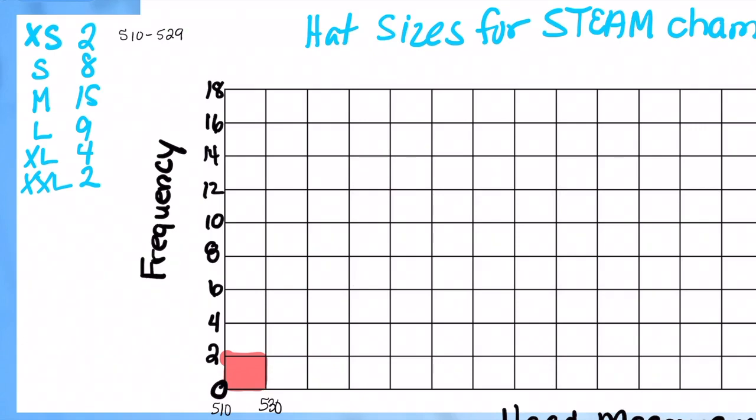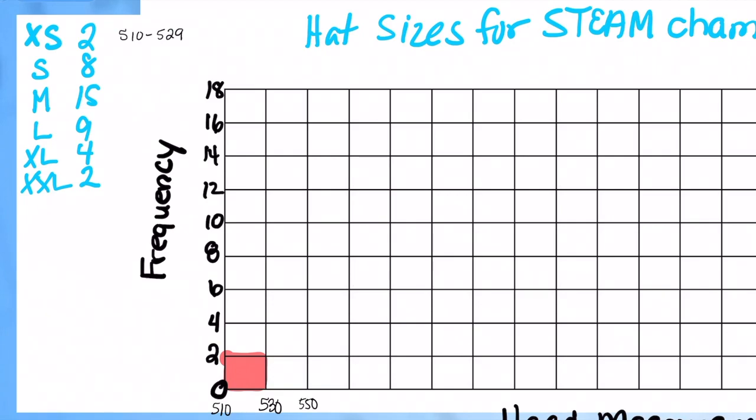That's what I wanted you to see, that this number tells me this range. It goes from here to here. So that's the first one. I'm going to use a different color for the next one. The next size went from 530 to 549, so I'm going to put 530 to 550.